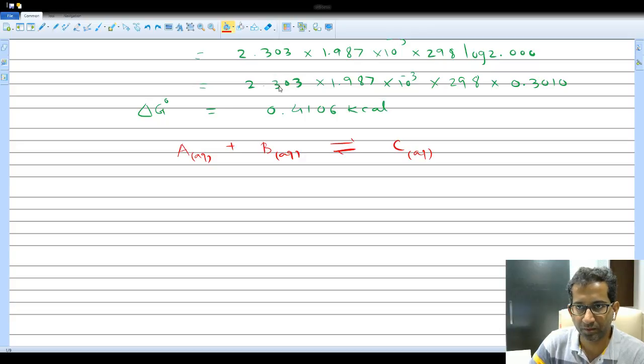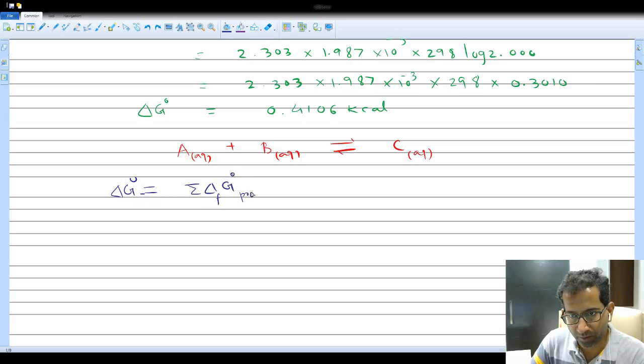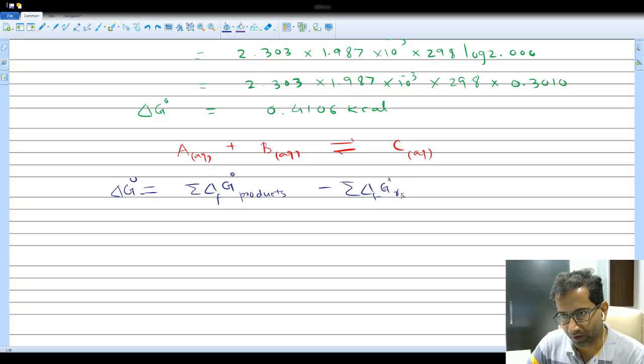Now delta G0 equals sigma delta G0 f of products minus sigma delta G0 f of reactants, right?